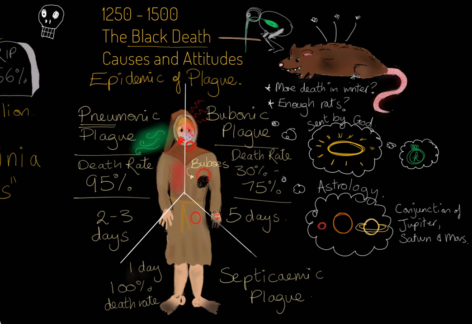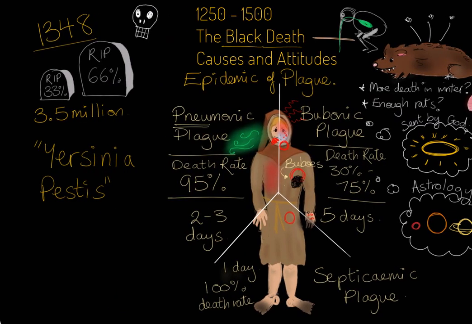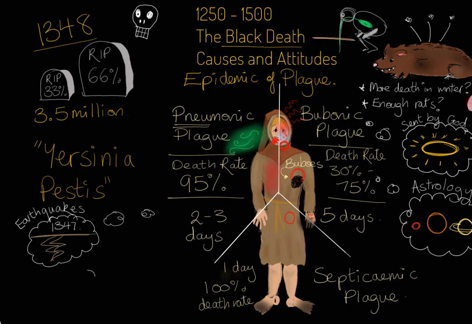There were, however, also some natural explanations for the plague. So some people believed that it was caused by an earthquake that happened in China in 1347. And they thought that that broke the earth open and caused the plague, the disease, to rise up from the ground. So that was one explanation. It kind of links in with another explanation, which was miasmas, or miasma, bad air.